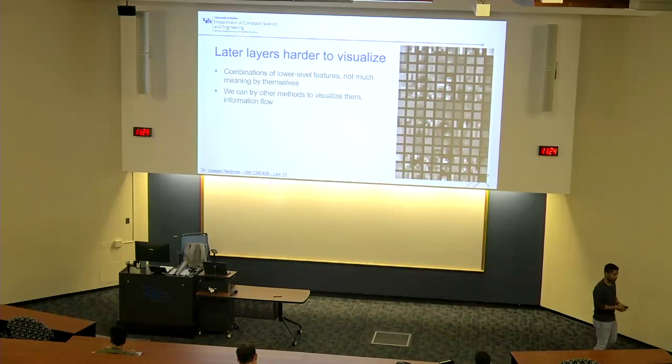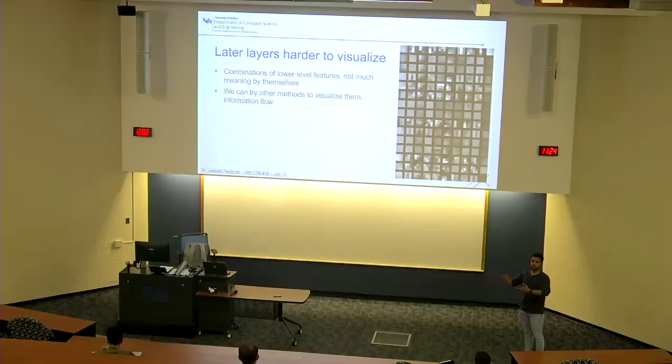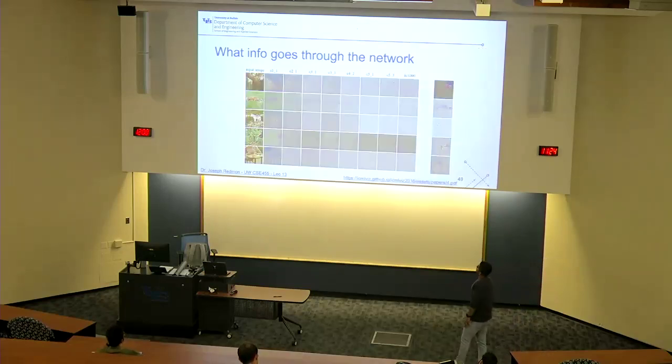But what we do know is that they are a way to combine the features, to use the features that are learned at the lower levels as a set of building blocks to look for more complex features as you go through the model.